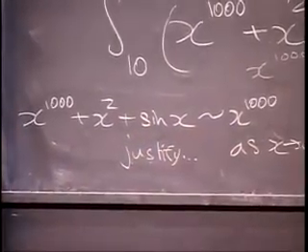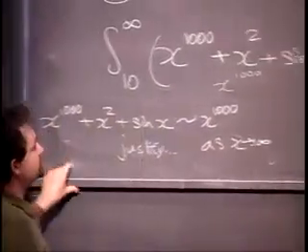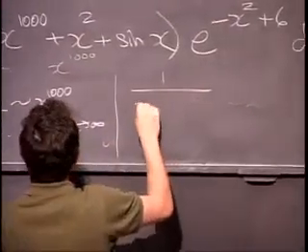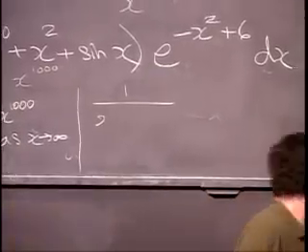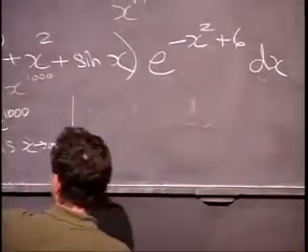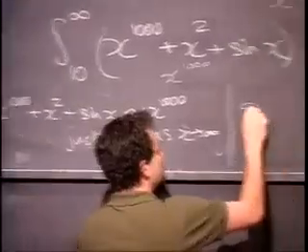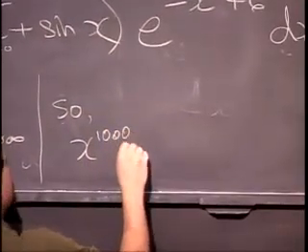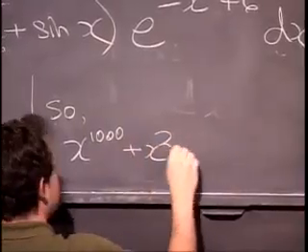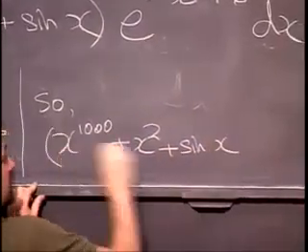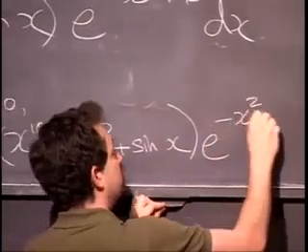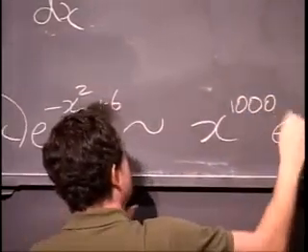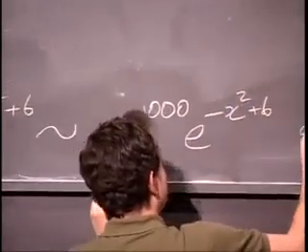Remember, you take the limit of the ratio of this to this. Okay, so basically, what I need to do is multiply both sides by e to the minus x squared plus 6. So, x to the 1,000 plus x squared plus sine x times e to the minus x squared plus 6 twiddles just x to the 1,000 e to the minus x squared plus 6 as x goes to infinity.